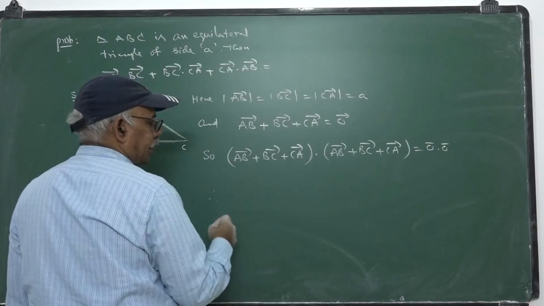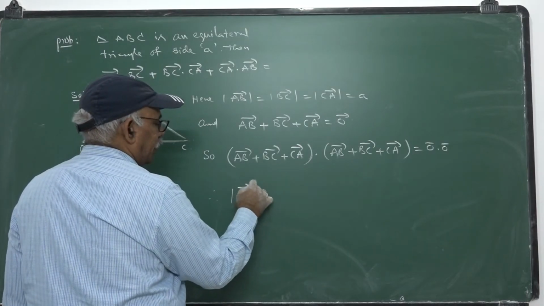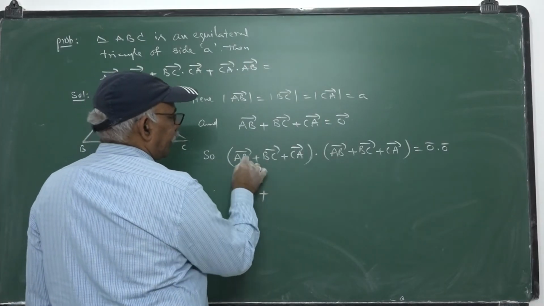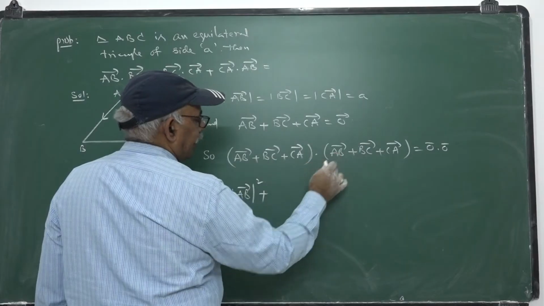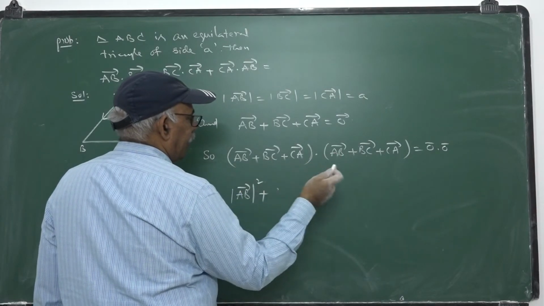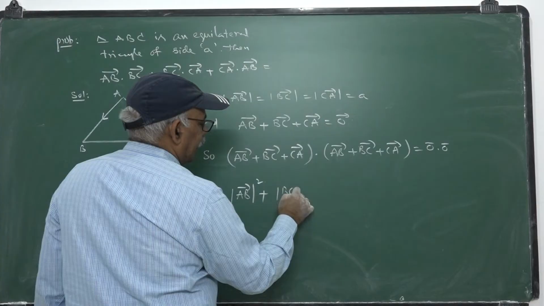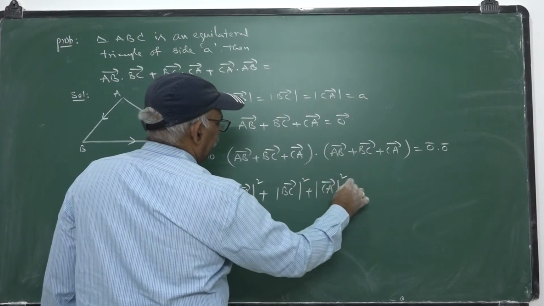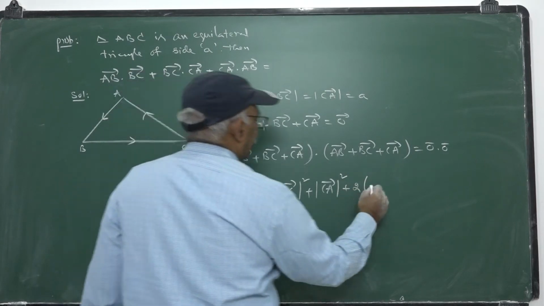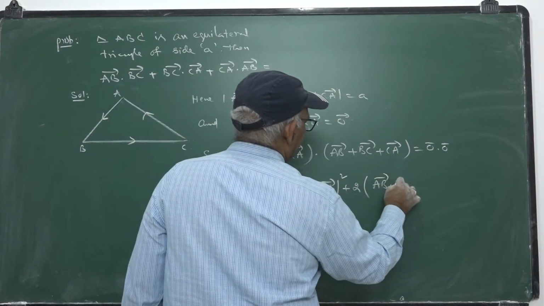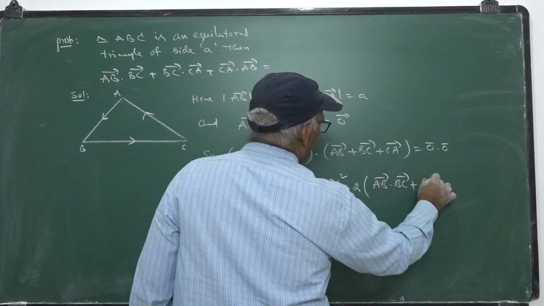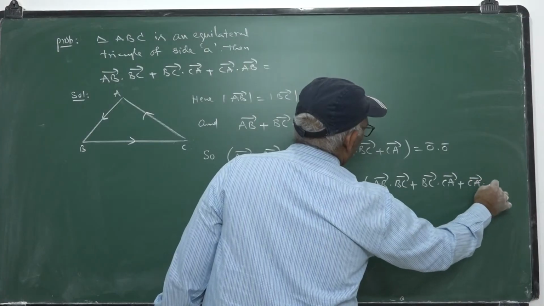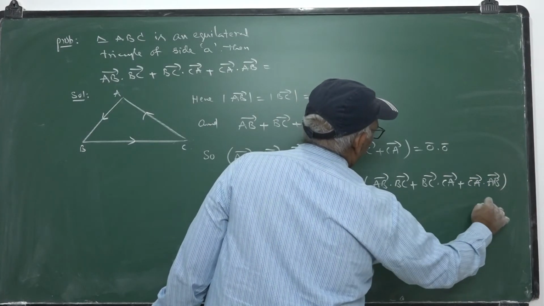Taking the dot product with itself and applying the distributive law, we get AB dot AB, which is AB square, plus BC bar square, plus CA bar square, plus twice the sum of AB bar dot BC bar plus BC bar dot CA bar plus CA bar dot AB bar, which is 0.